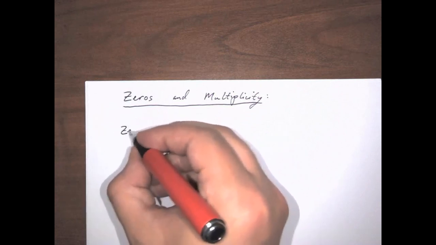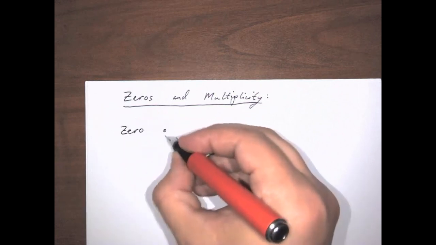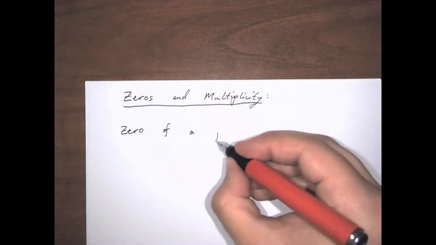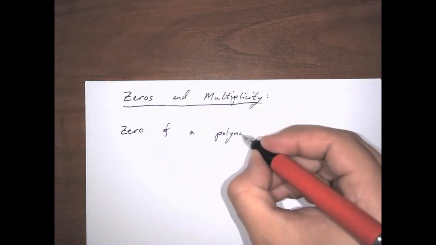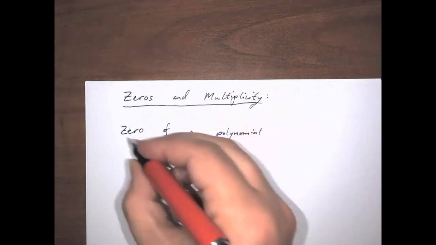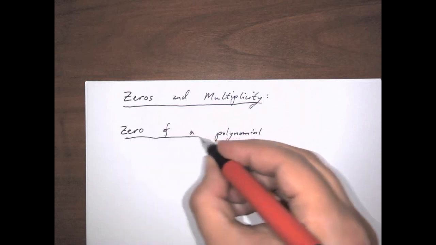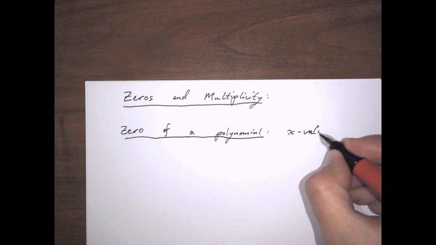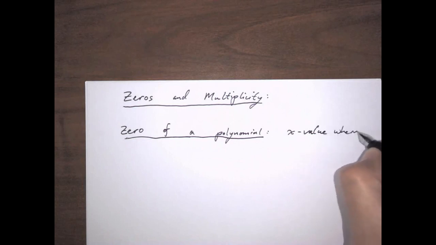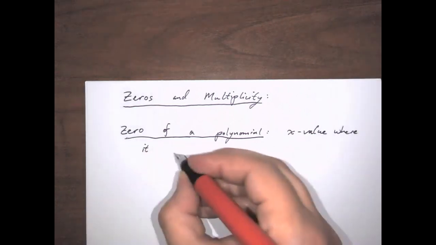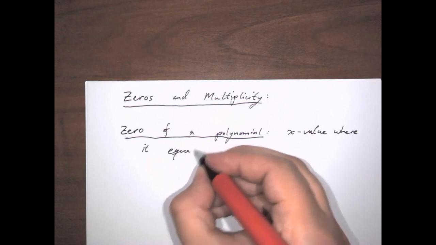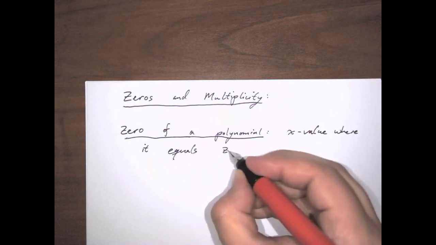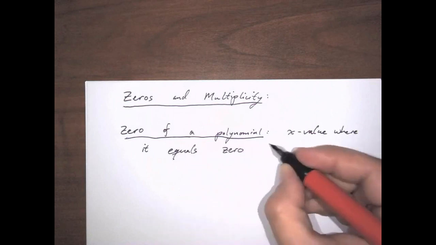So first off is the zero of a polynomial. This is an x value. This is the x value where it equals 0. So in other words, it's the x value of an x-intercept.